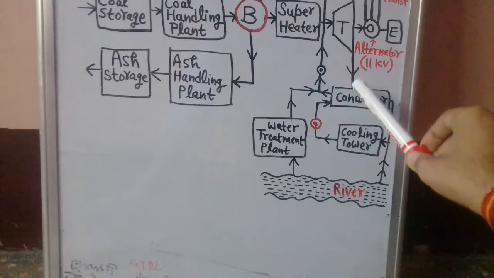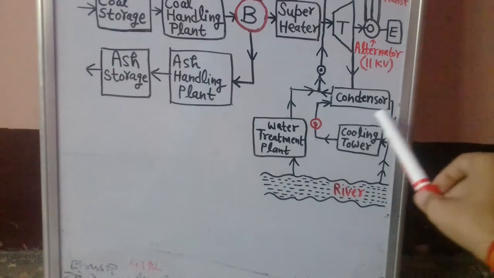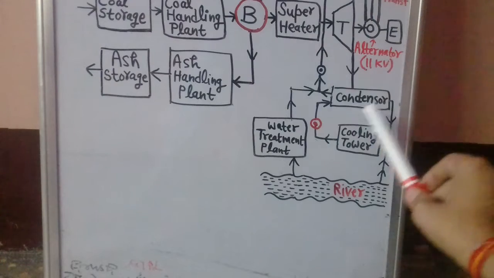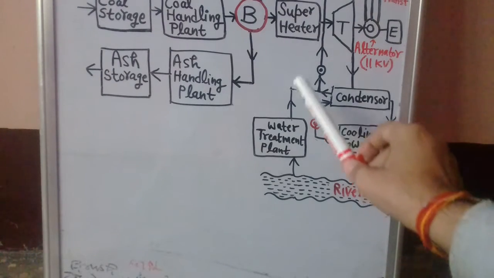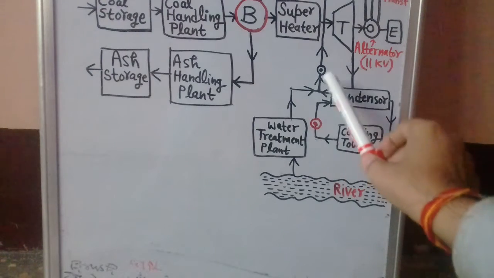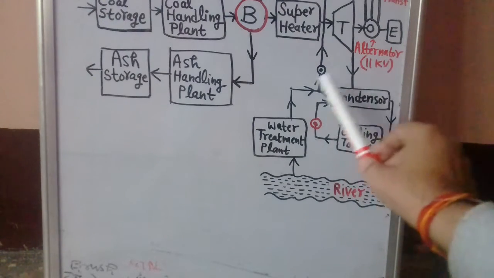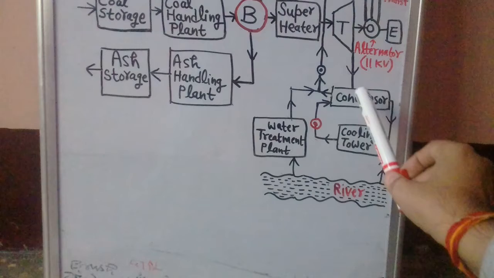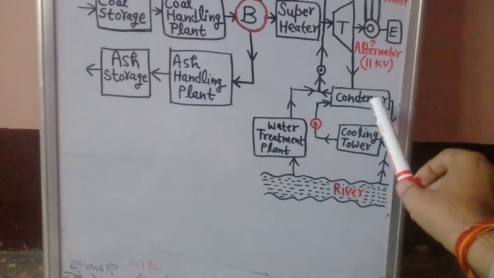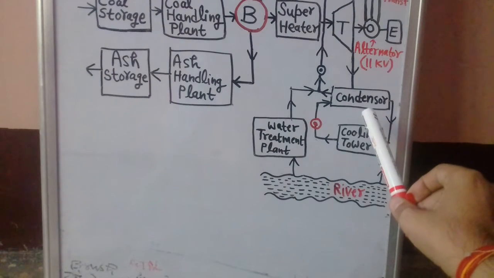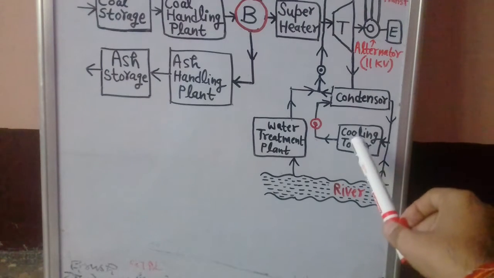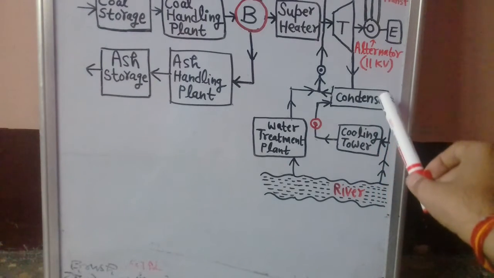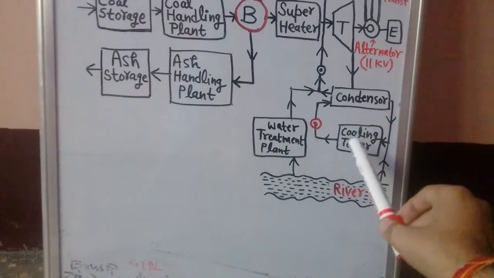The condenser basically involves the condensation process. When I say condensation, what is the meaning? Condensation means cooling. Cooling means the steam gets converted into water, into liquid again, right?